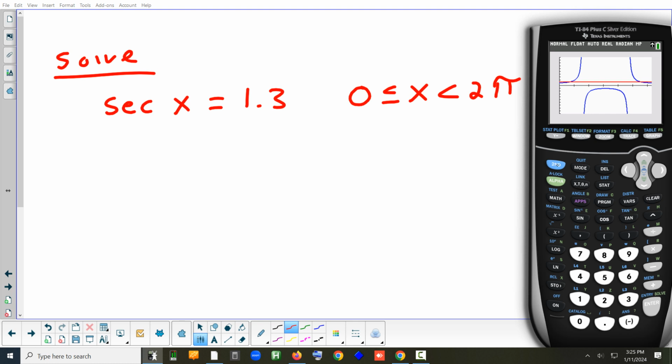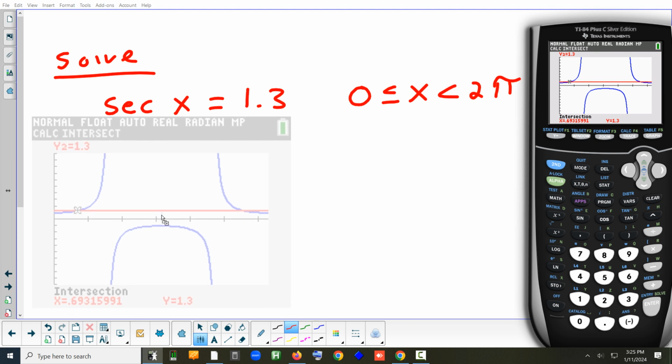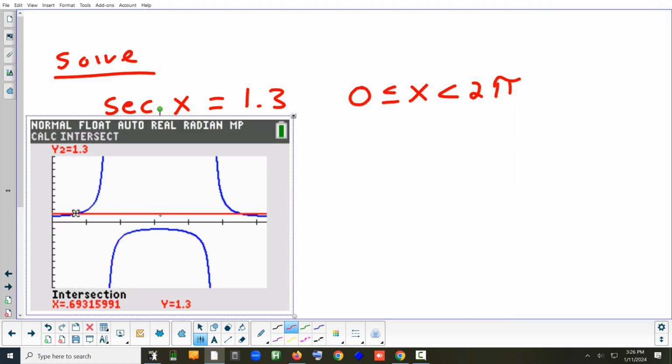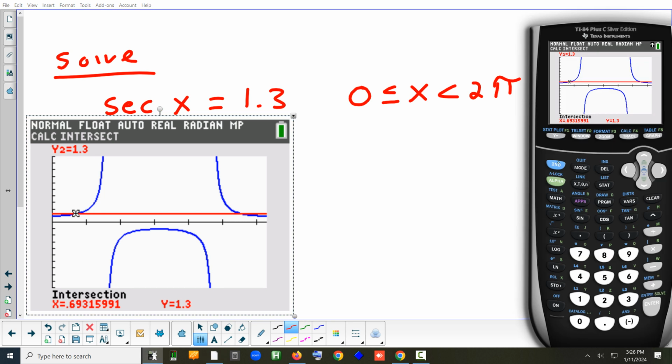And now we just do second calc intersect. Make sure you move your cursor so it's on the part of the graph where they cross. Otherwise, I don't think it works all the time. Okay, so there's one answer. You get 0.69. And second answer, second calc, intersect.